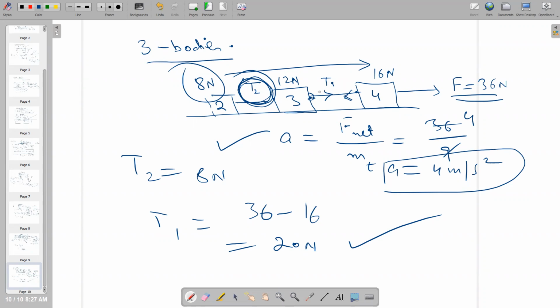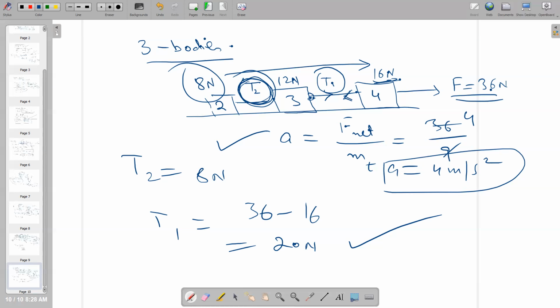Between 3 and 4, we will take T1. So how to find T1? T1 will be F minus this force, and this force is in this direction. So that's why 36 minus 16, this force. Okay, that means our answer. Yes, if you want the last tension, we take the last force.